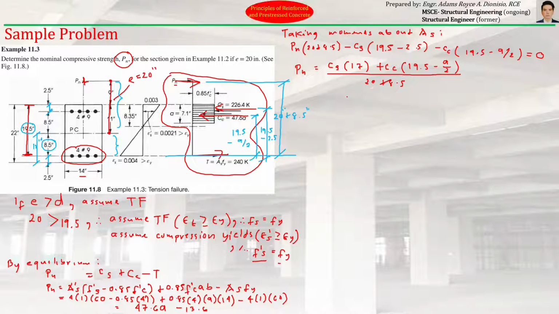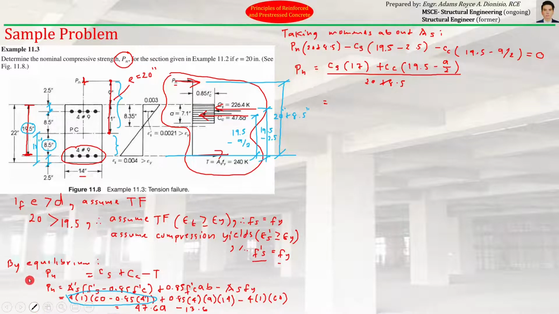Ano yung CS natin? CS is just equal to ito. Ito yung CS natin. As I've written a while ago. So, this is our CS. So, that is just 4 times 60 minus 0.8. Or I'll just rewrite it para mas clear.